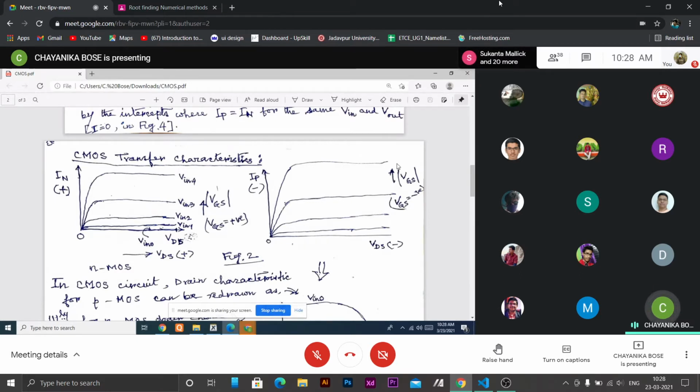So this is the characteristic of PMOS. So when VGS is 0, no current flows, and as it becomes more and more negative, current through this increases because both are operated in enhancement mode.